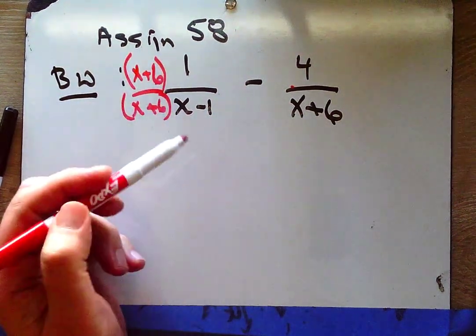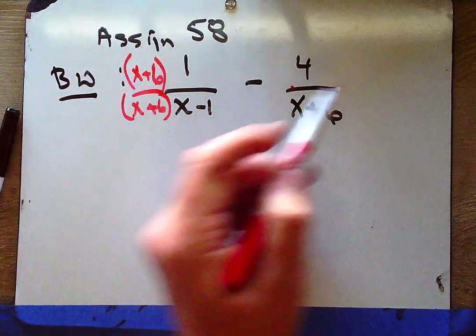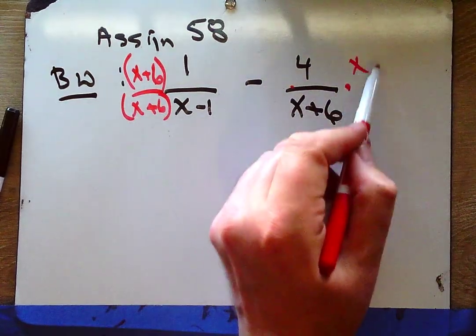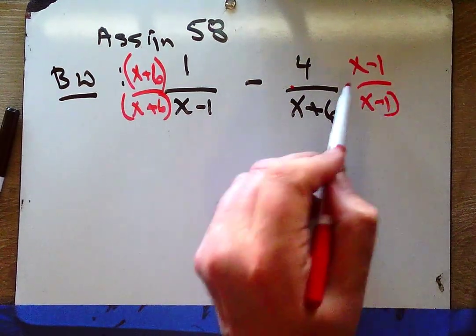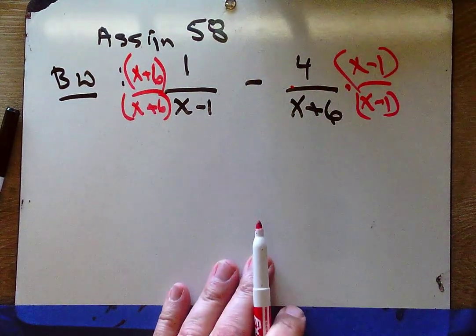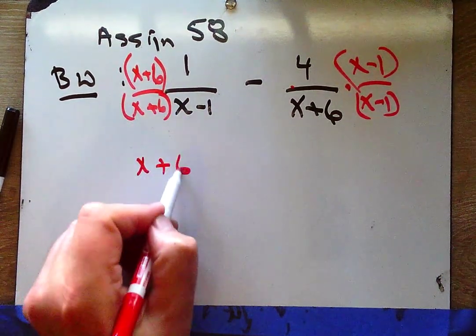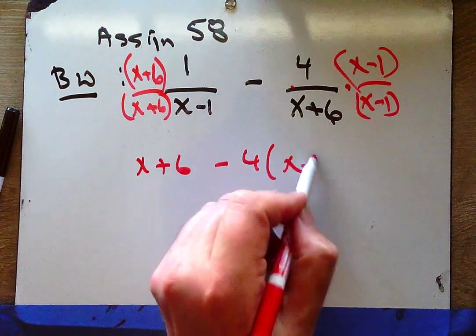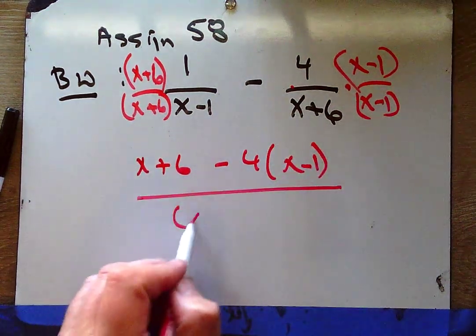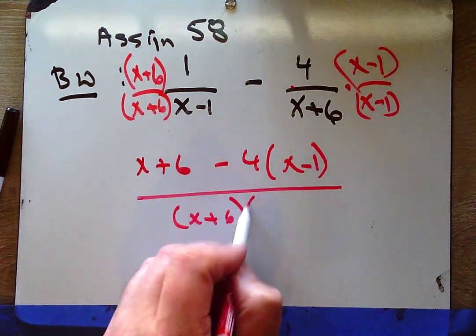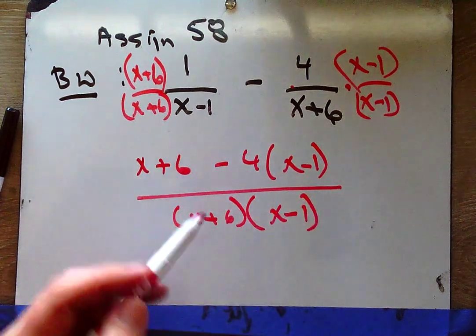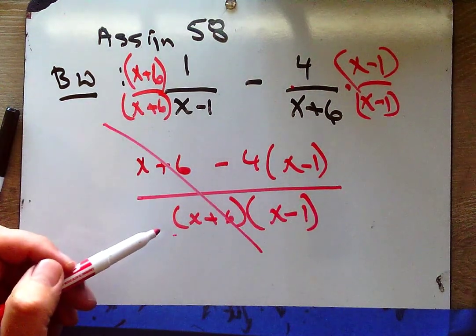I have to multiply by a version of 1 over here and a version of 1 over here. Okay, so what are we going to get there? We're going to get x plus 6 minus 4, x minus 1 over our common denominator, x plus 6 and x minus 1.